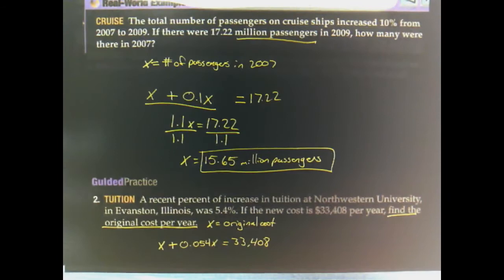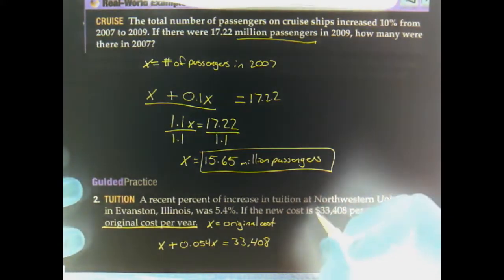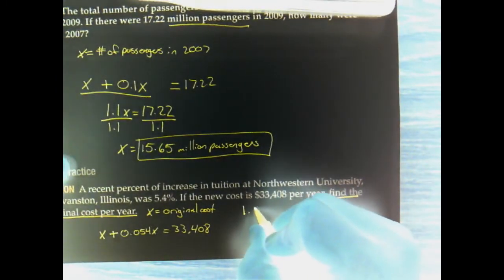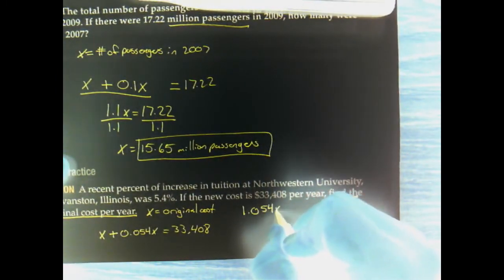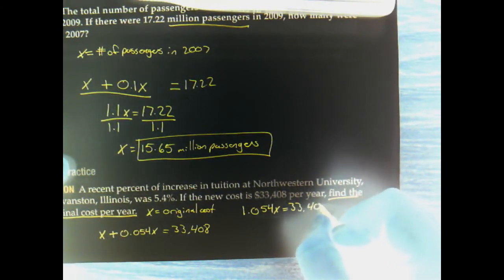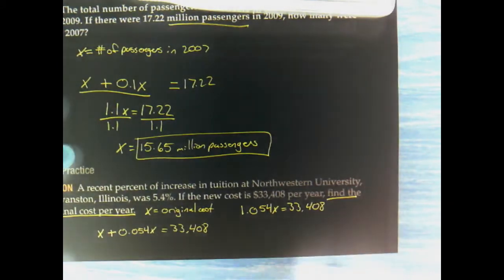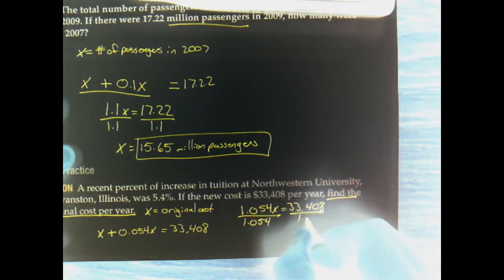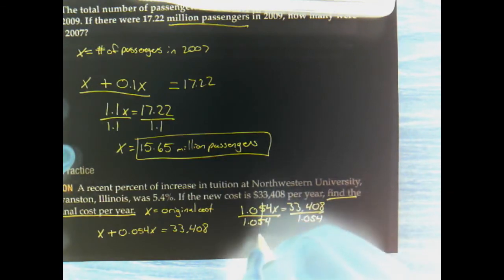and we ended up at 33,408. Okay, well, just like before, if you have 1x plus 0.054x, I end up, I'm going to write it over here because I'm running out of room, 1.054x equals 33,408. Now it's a simple equation that all we have to do is divide by 1.054 on both sides. And we should have x.